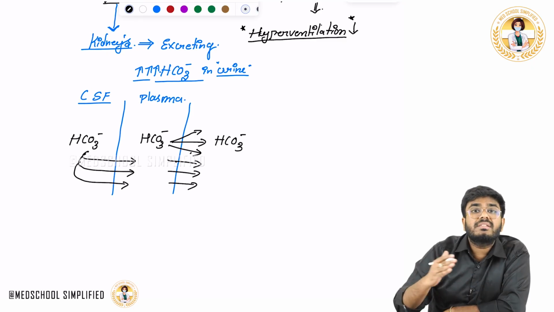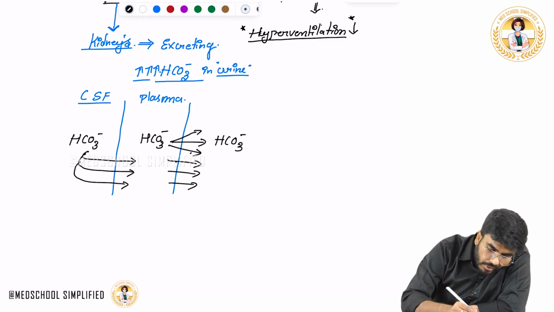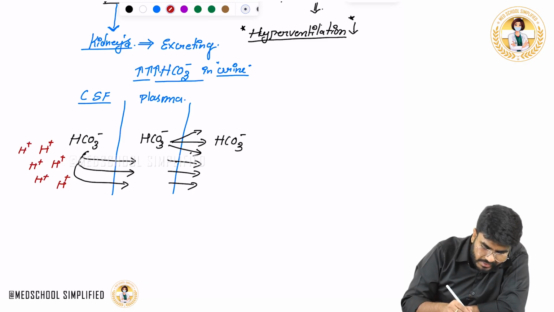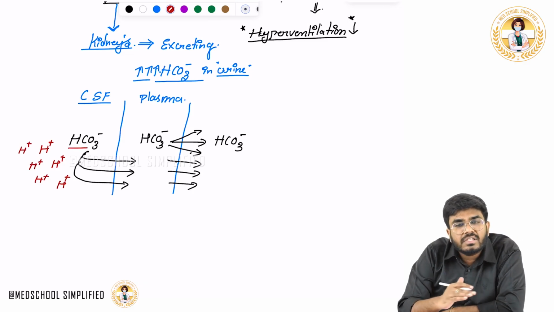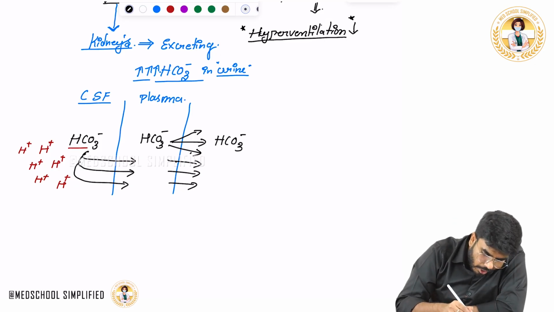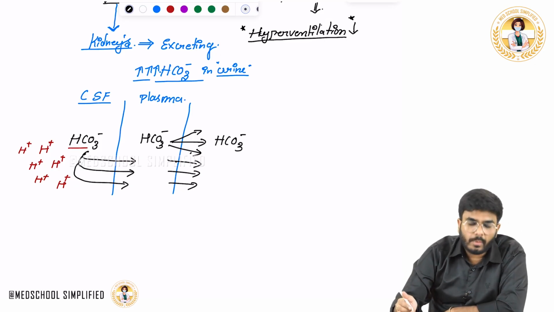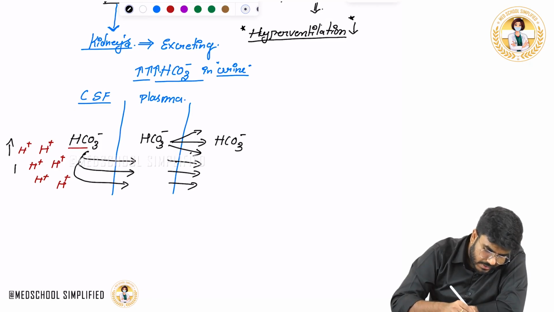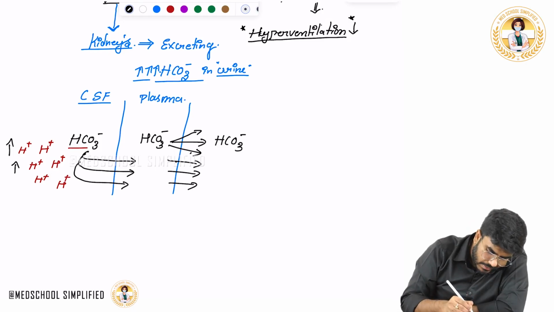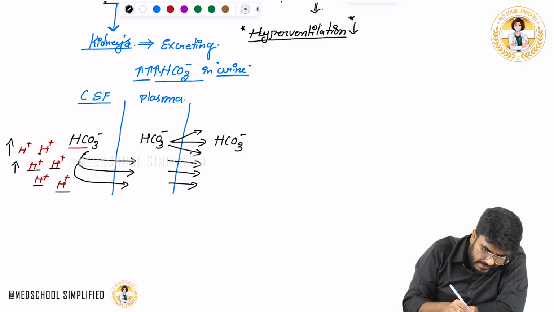As the bicarbonates are going out, what happened to the relative H plus concentration in the CSF? The H plus concentration increases, because you are removing the bicarbonates. Now this H plus, these are the acids, what will they do?